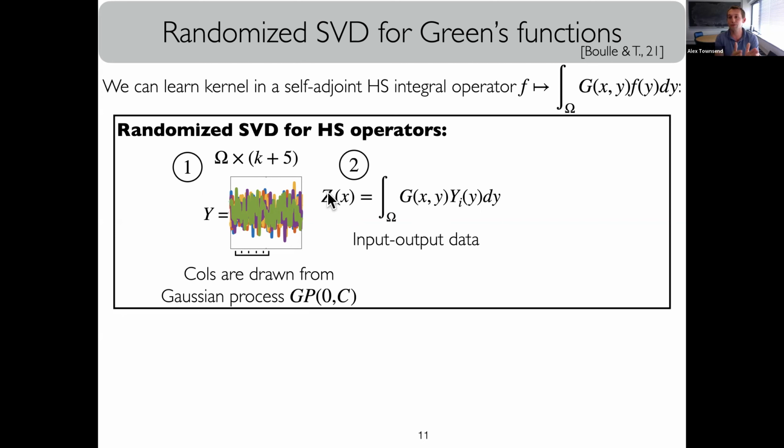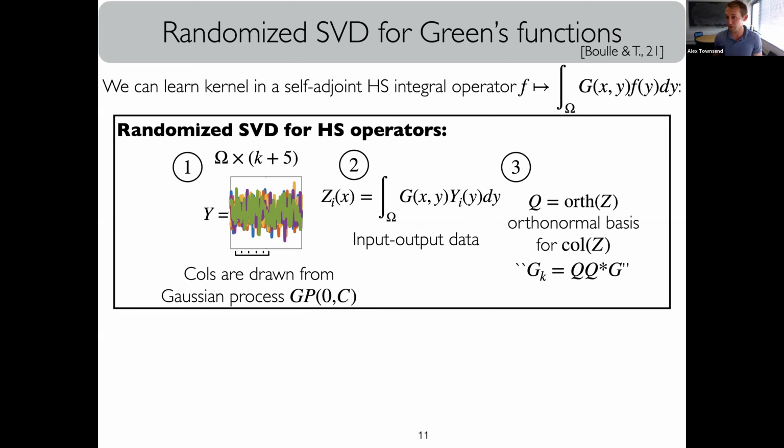These are trying to be functions that span the dominant column space of this integral operator, the dominant part of the range of this integral operator. So you orthogonalize them, let's say using Gram-Schmidt, and then you do the same thing. You project the column space of the function g onto that basis q. So this is the same procedure, except you have correlated inputs in your SVD.